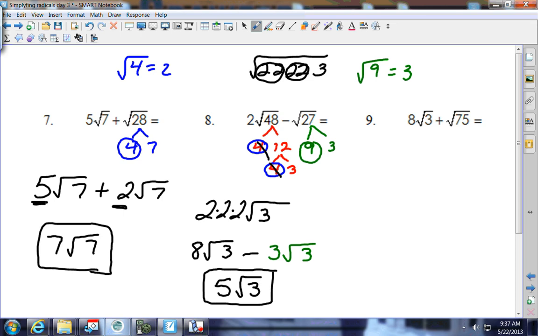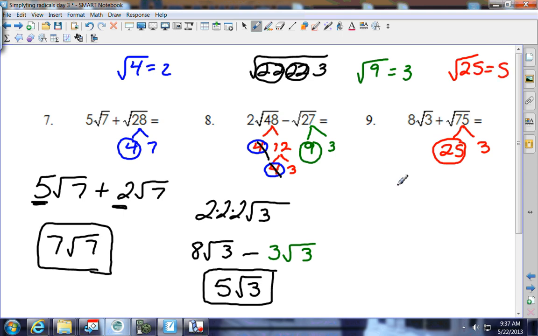Number 9. Square root of 3 is as low as it can go. So I need to separate 75. 75 goes 25 times 3. I did 25 because I know 25 is a perfect square. What is the square root of 25? 5.